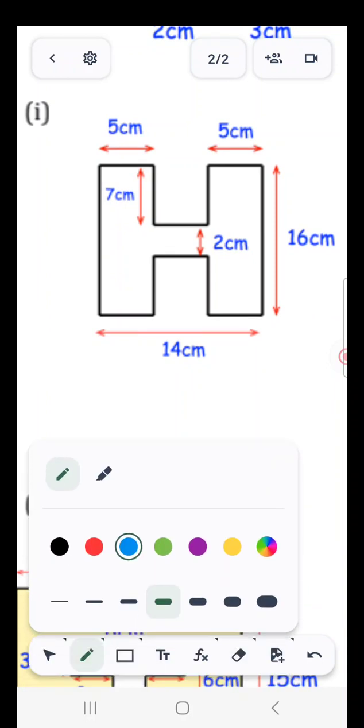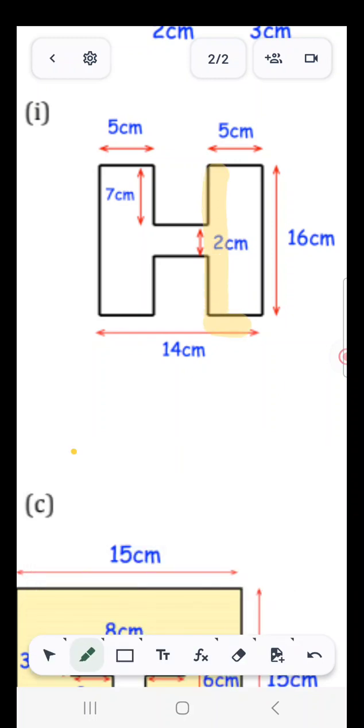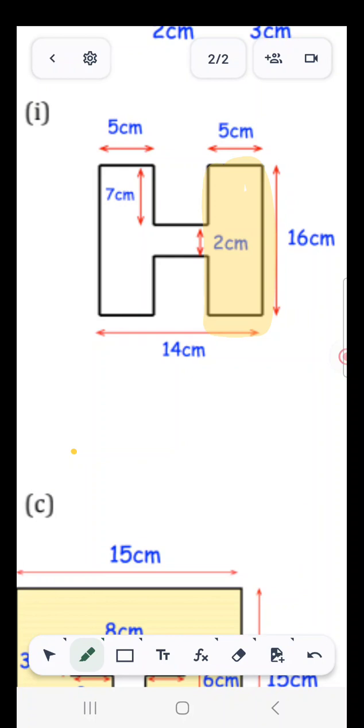Okay, let's first of all highlight the main parts which we need to highlight. I have highlighted this part in yellow color, and let's see how much is its length and width. It's very obvious the width is 16 and the length is 5.